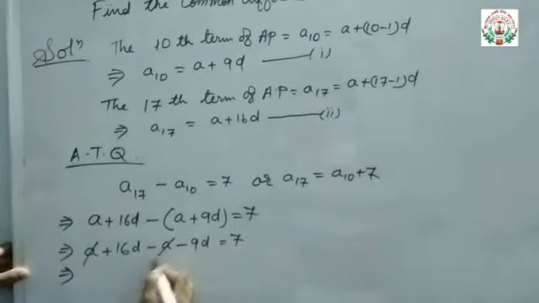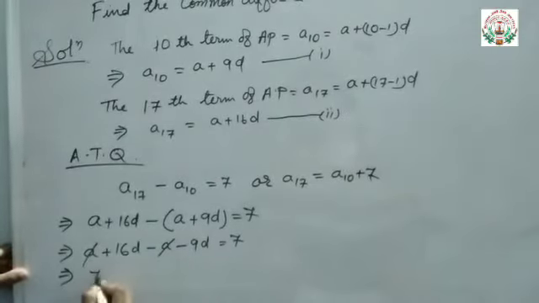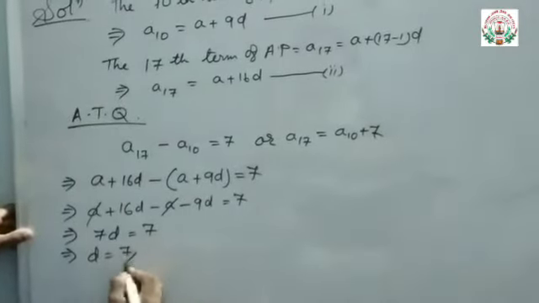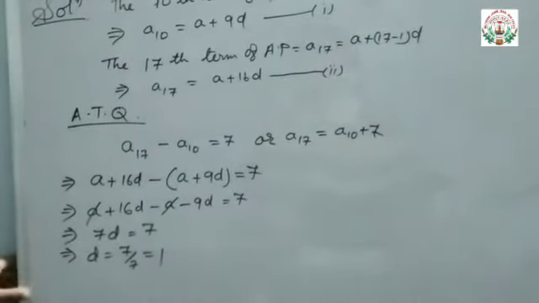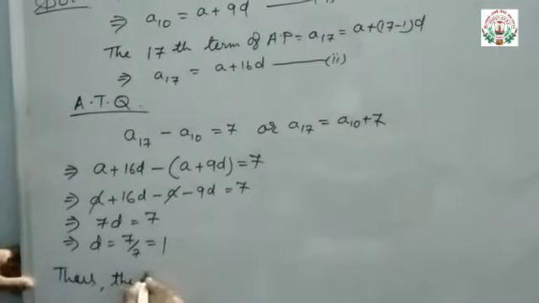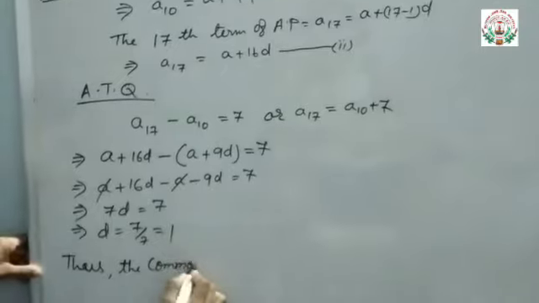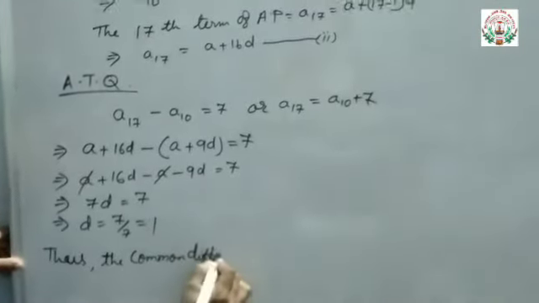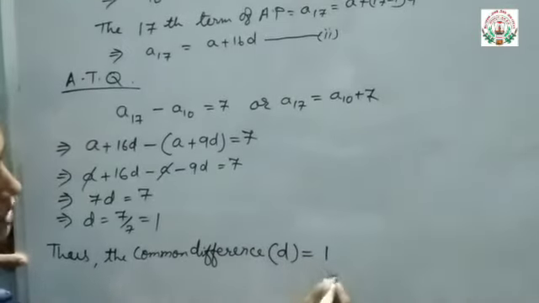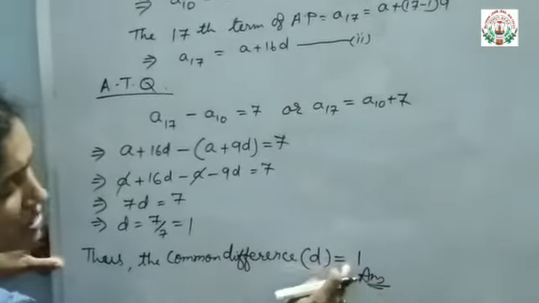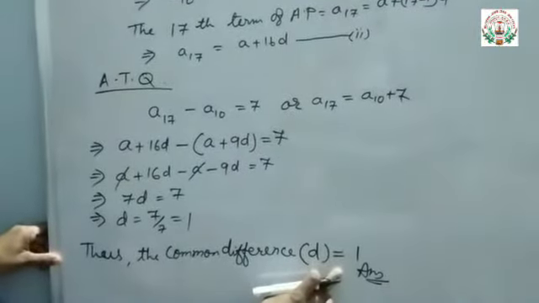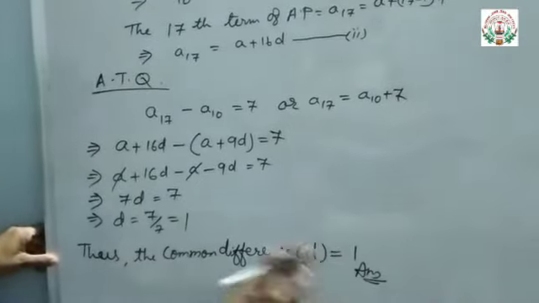Now plus A minus A cancel, so on subtraction we will get how much? 7D equals to 7. Implies D equals to 7 upon 7, which is equals to 1. So you can write thus the common difference D equals to 1. Answer. Because we are supposed to find what? Common difference only, and we got common difference. Okay, understood this?